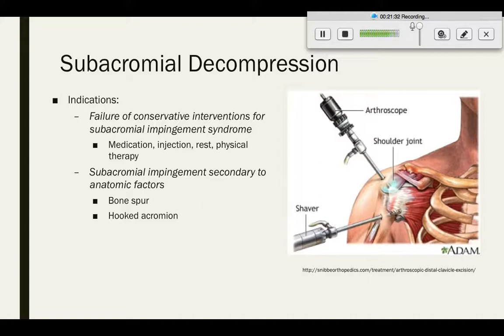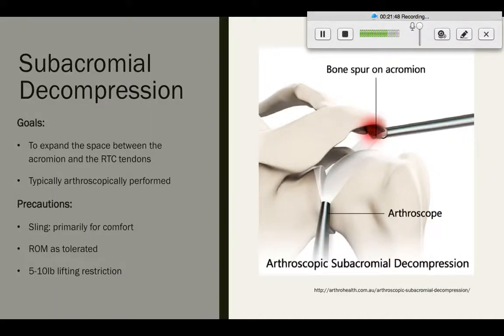Being able to get your hands on a post-operative report will help you to really get a better idea of what it was that the surgeon addressed in surgery. This is also an arthroscopic procedure as well. The goal is to expand the space between the acromion and the rotator cuff tendons.